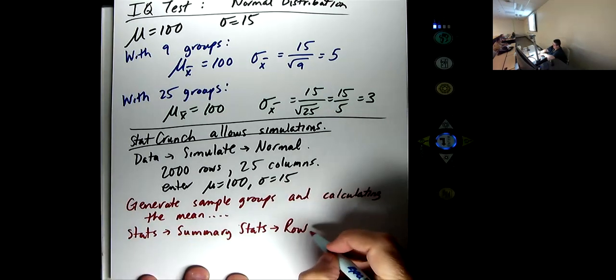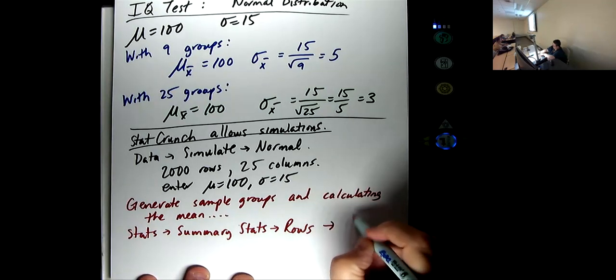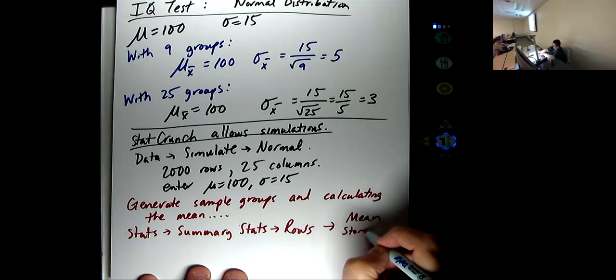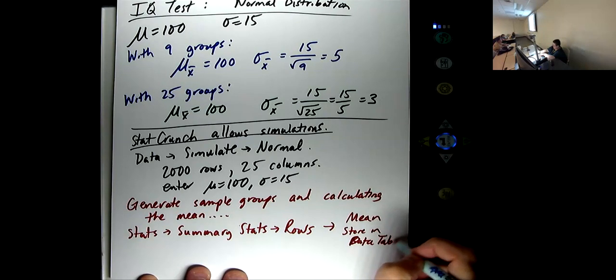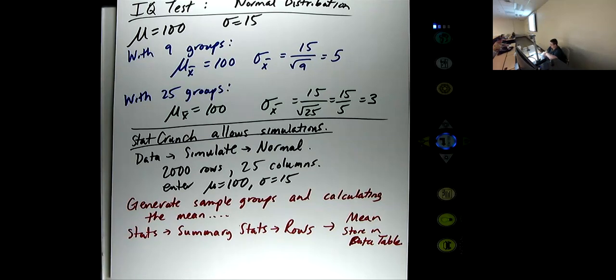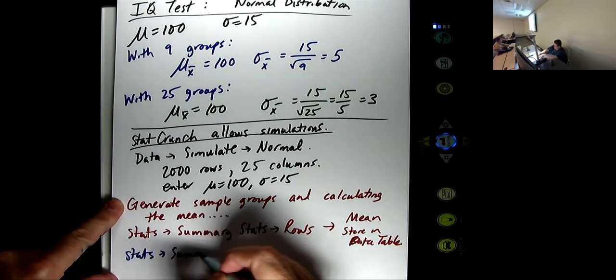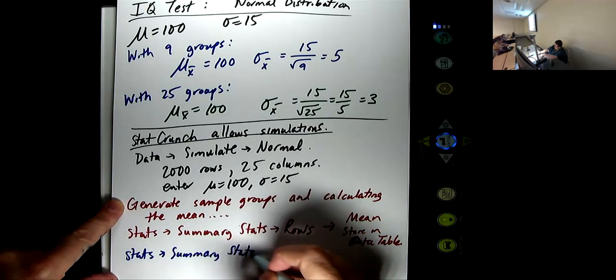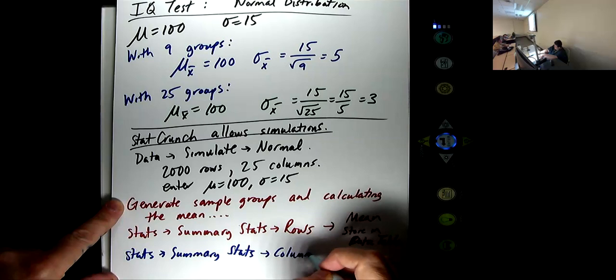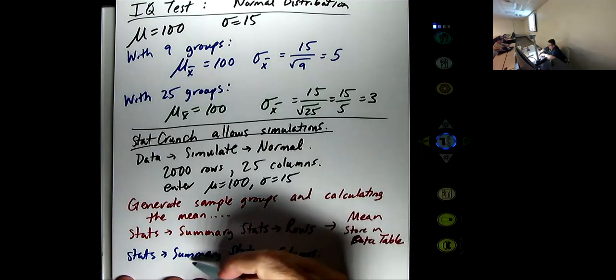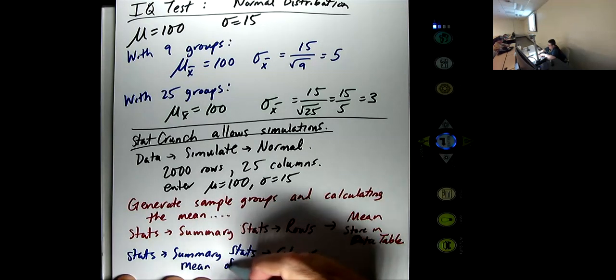Normally we do columns, but I did rows here, and I said mean, do the mean on it, and store it in the data table. It'll make a new column for it. And then after you do that, you do stats, summary stats, columns, and find the mean of that stored row.